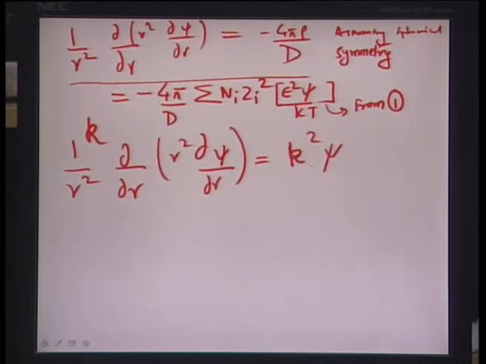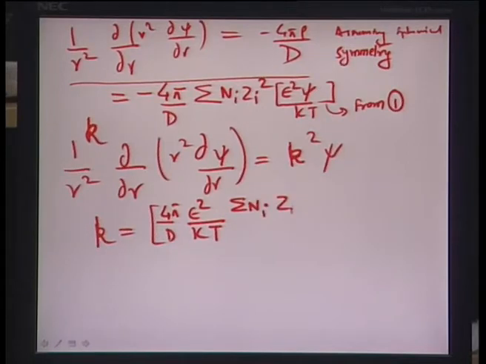So what is k square in that case? k is a parameter equal to 4 pi by d, epsilon square by kT, where this k is the Boltzmann constant, sigma n i z i square, to the power half.